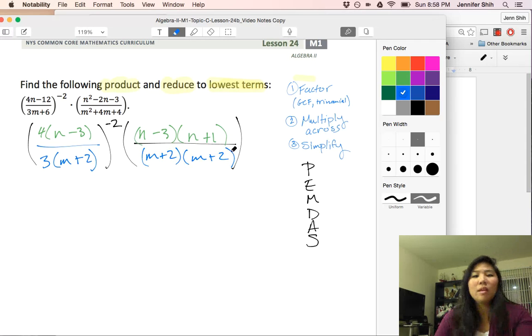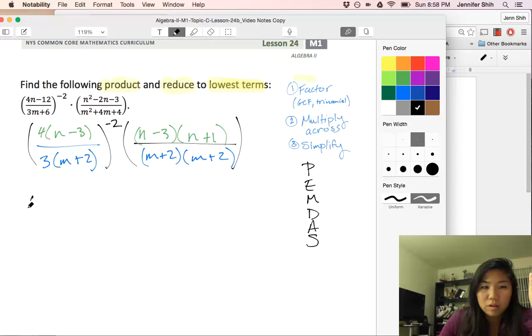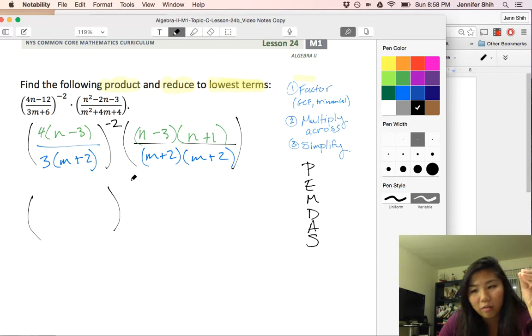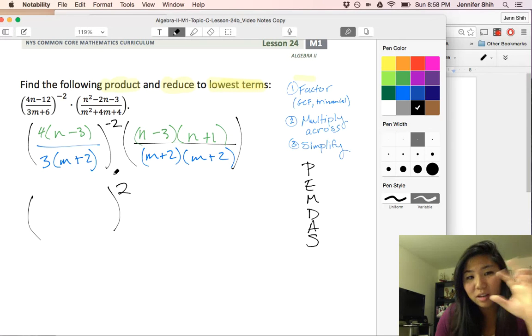Okay. Now, we factored, we dealt with the parentheses, now let's deal with the exponents. So let's deal with the negative part of the exponent first. You can take away this negative sign if you promise to switch the numerator and denominator.